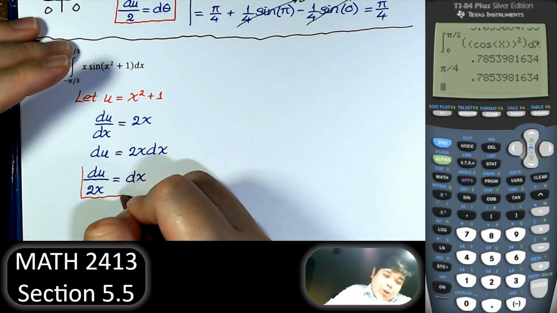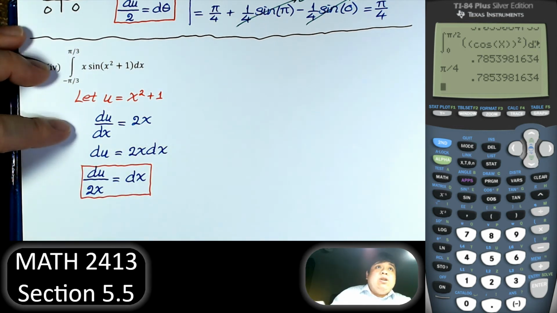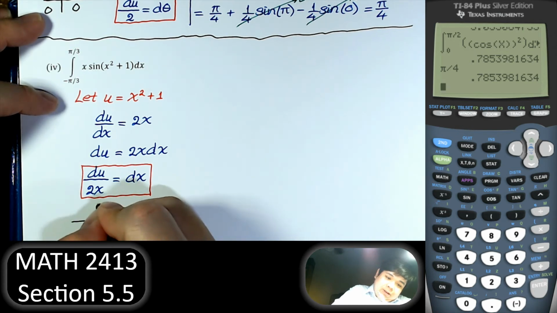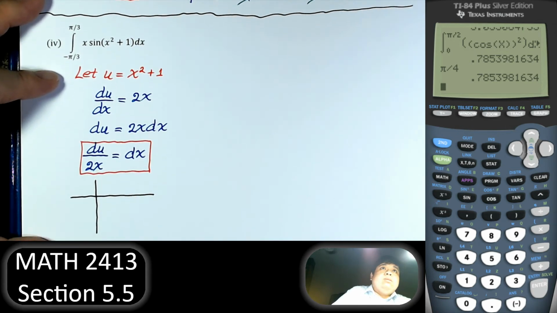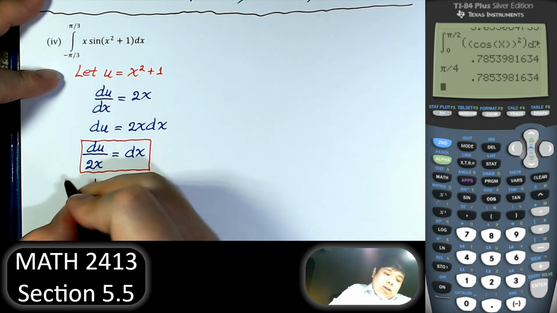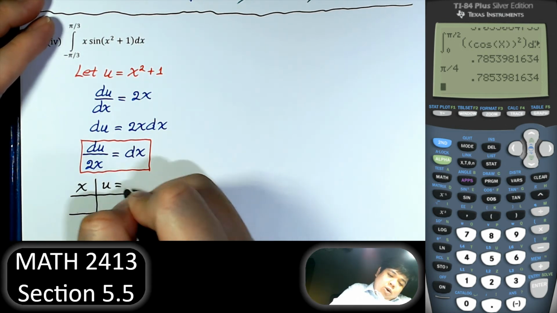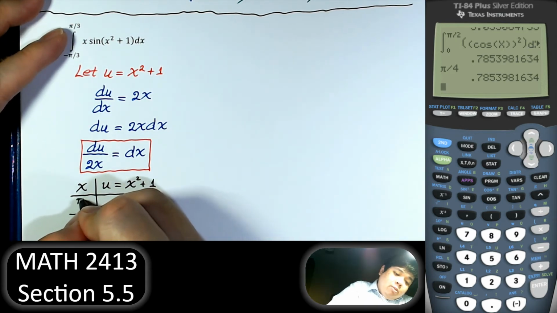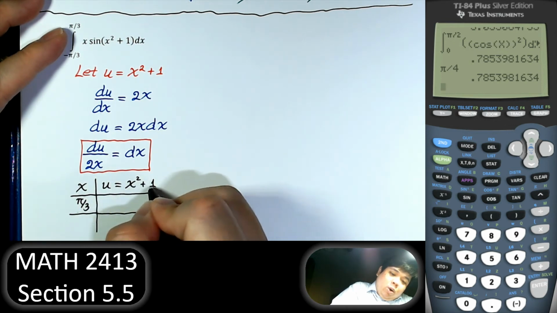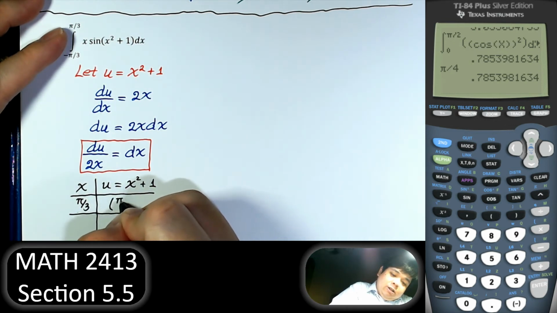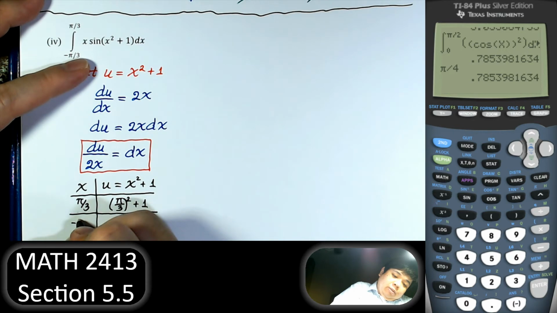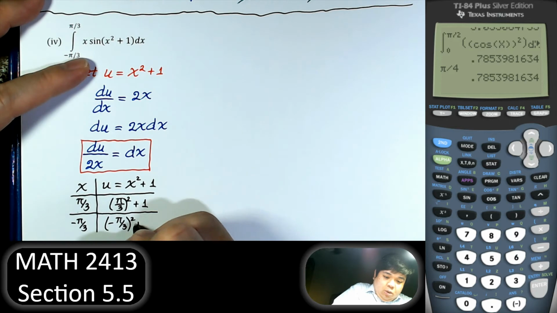And so we have u and we have dx. Now let's change the limit. U is x squared plus 1. When x is pi over 3, u is pi over 3 squared plus 1, and for negative pi over 3, we have negative pi over 3 squared plus 1.